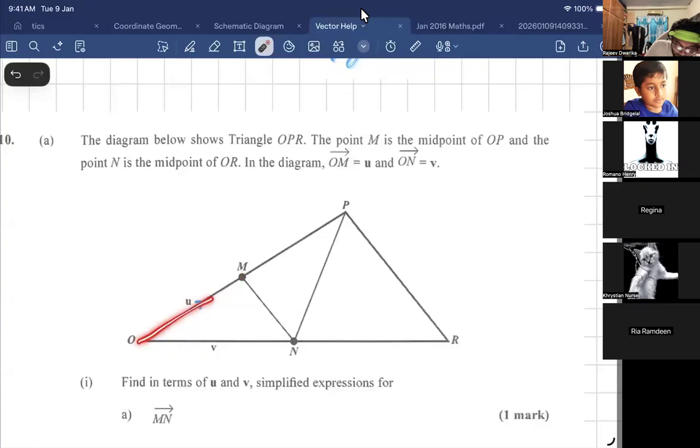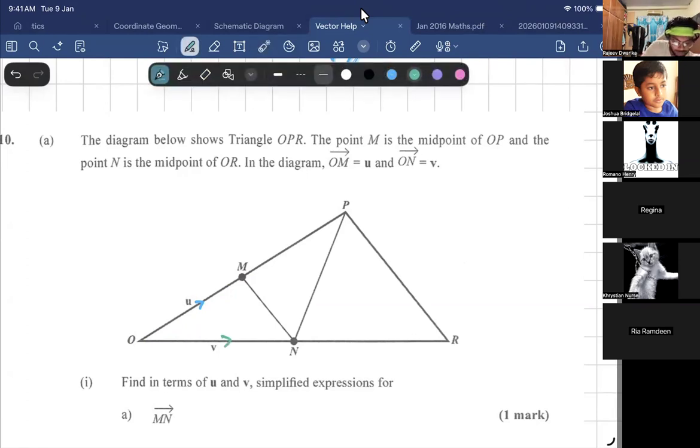So if O to M is u, what do you suppose M to P is? V? Nah. What did they say v was? ON. So O to N is v.